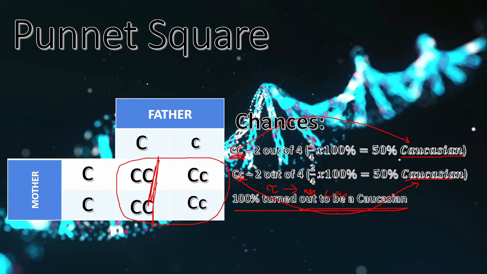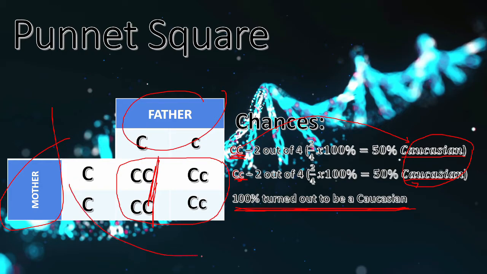So overall, the turnout would be 100% because there is no non-Caucasian in our chances here. So the combination of the mother and father with this type of allele will have a 100% turnout to be Caucasian.